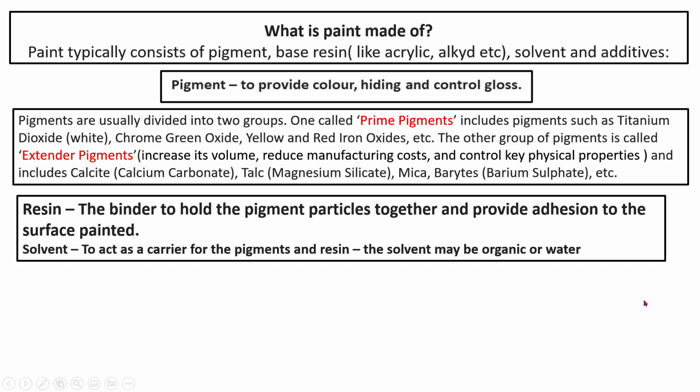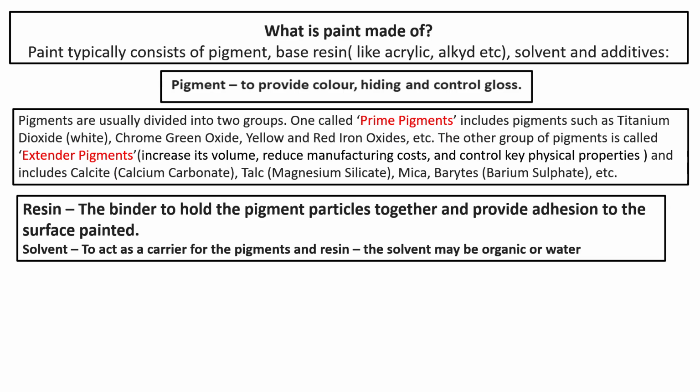Friends, today we are going to discuss a very important topic that is used in industry to protect its structures, vessels, and pipelines from external corrosion. It is called painting.